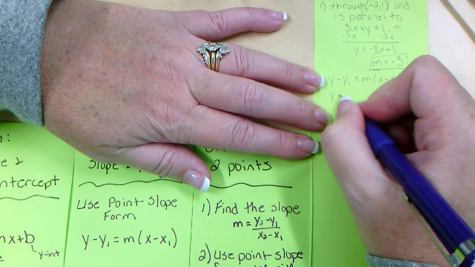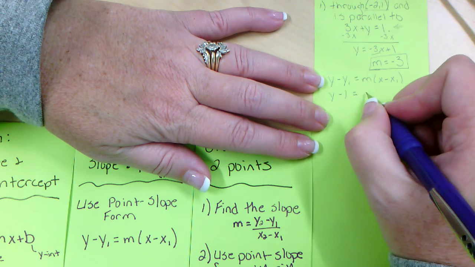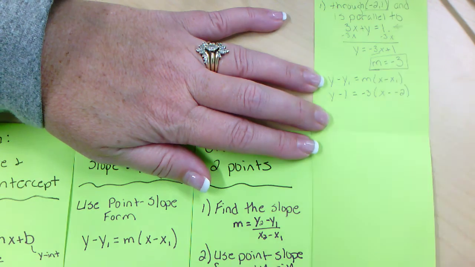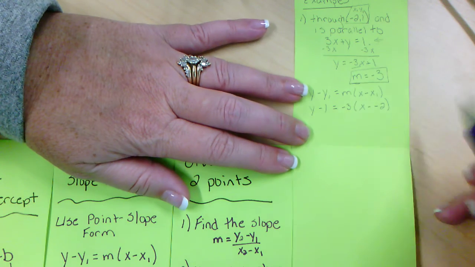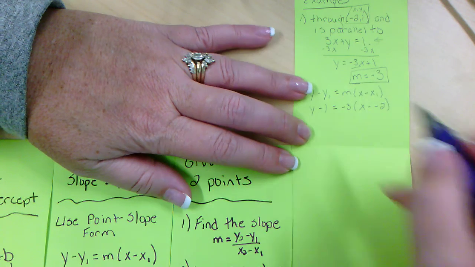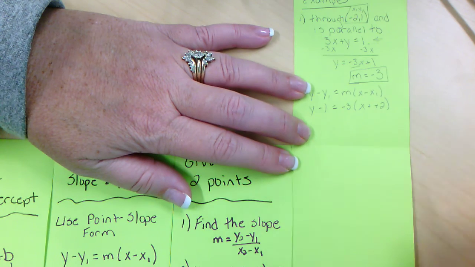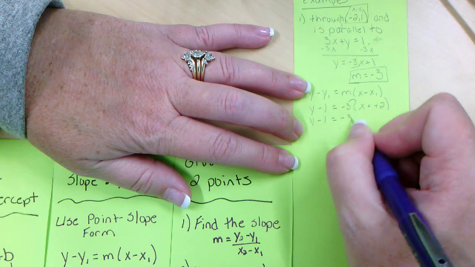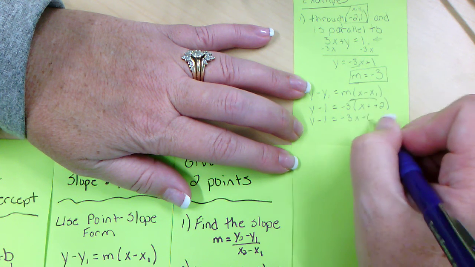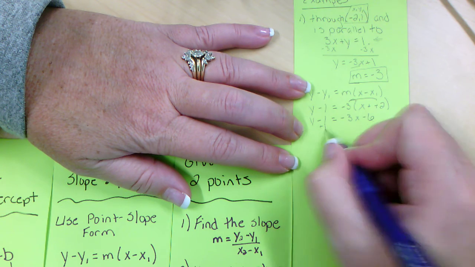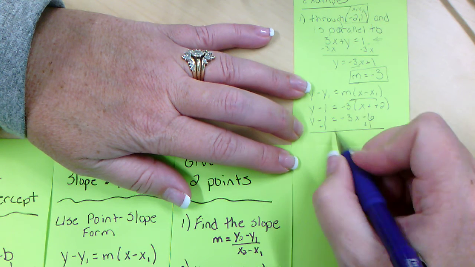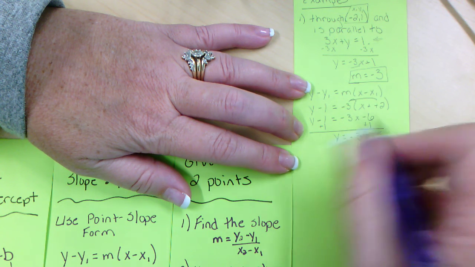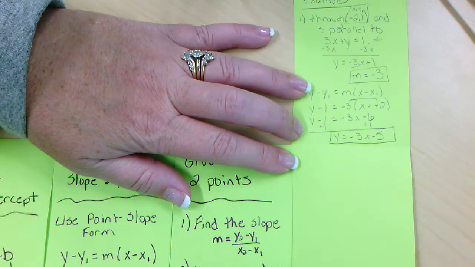So I have y minus 1 equals negative 3 times x minus negative 2. Okay, we don't care about anything but the slope of that line. So here I'm really adding. So y minus 1 equals, distribute here, negative 3x minus 6. Add the 1. So y equals negative 3x minus 5 is our final answer.